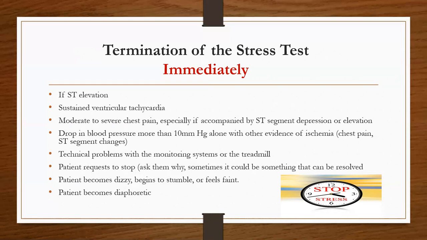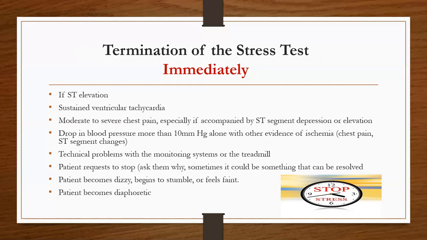The patient requests to stop. Now, if the patient requests to stop, you want to ask them why, because maybe something can be done to resolve the issue. If you stop it and it's not something symptomatic, it was something you could resolve, such as they wanted you to pick up something for them off the floor, then the test will have to be redone.